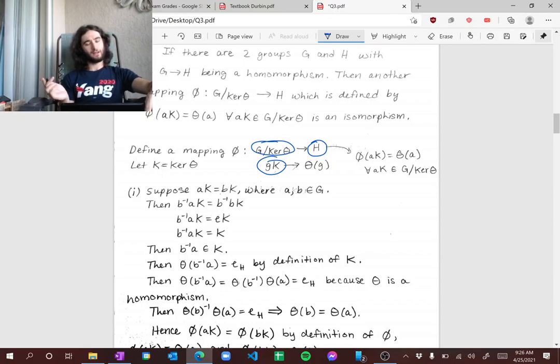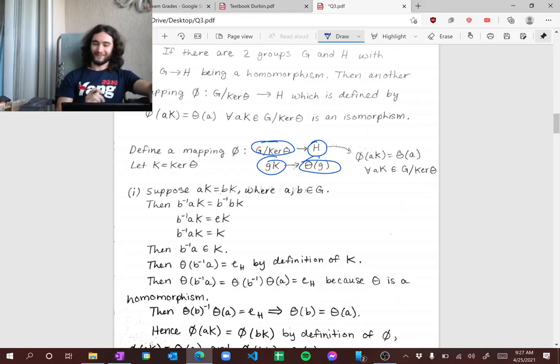And how is it going to do that? Well, it's going to ask theta. It's just going to be like, hey, theta, this coset I have, gK, that element g, where would you send that to?